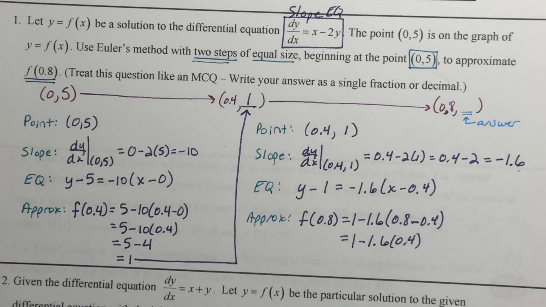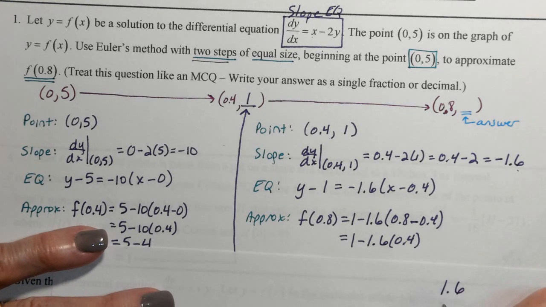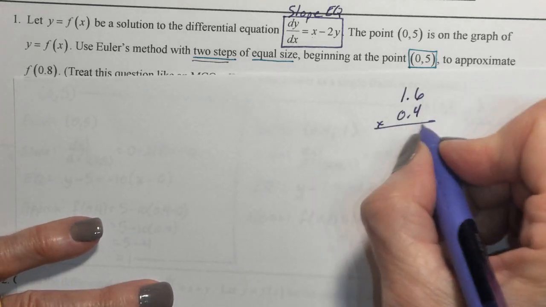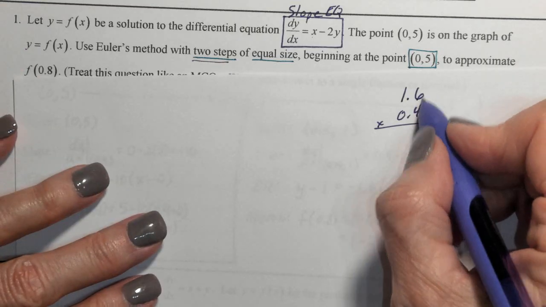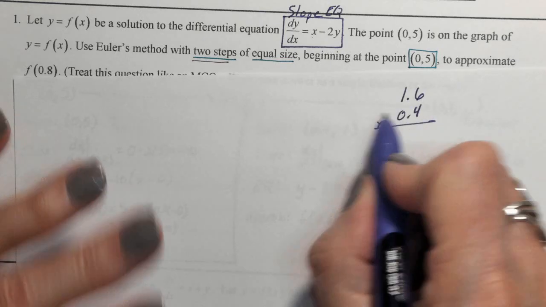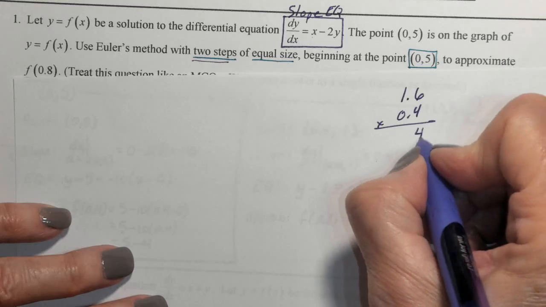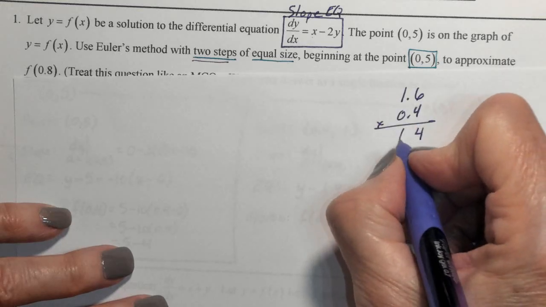Okay, a little decimal multiplication review. I need to multiply 1.6 times 0.4. So let's review how to multiply with decimals. I multiply as always, ignoring the decimals at first. So 4 times 6 is 24, carry the 2. 4 times 1 is 4, plus 2 is 6.